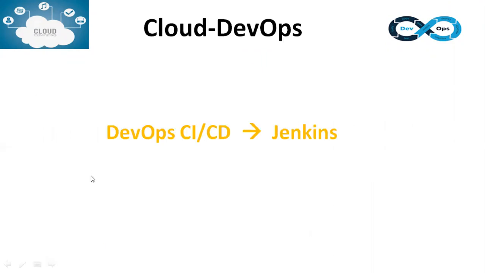When it comes to Jenkins, I can rate Jenkins as the topmost tool in all of the DevOps CI/CD implementations. Why? Because Jenkins is open source and it has a lot of integration facilities and customizable facilities, and there is a wide range of plugins, and still many people are supporting the development of Jenkins plugins.